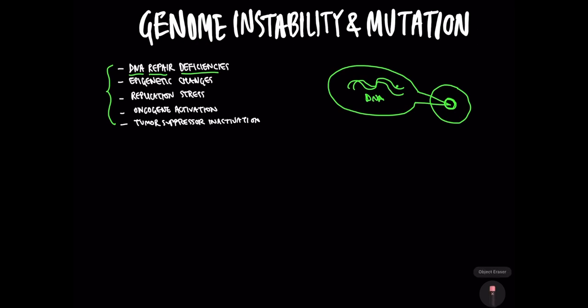However, when there is deficiency in the repair mechanism, so there are repair mechanisms, and there are many different types of repair which are in response to many different types of DNA damage. So DNA damage leads to repair mechanisms.